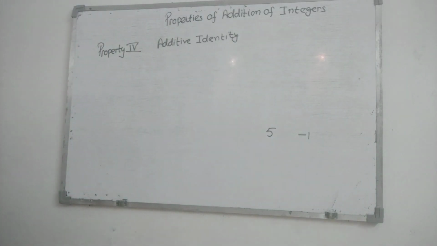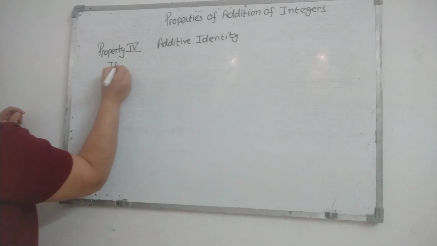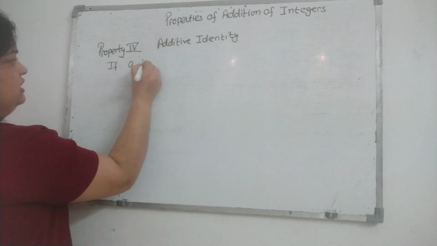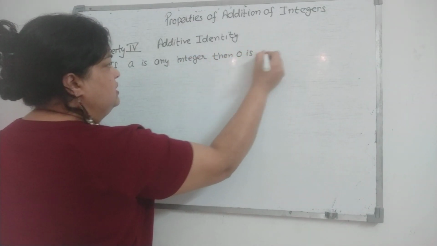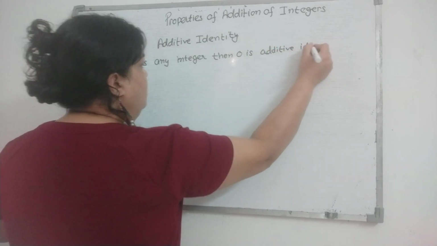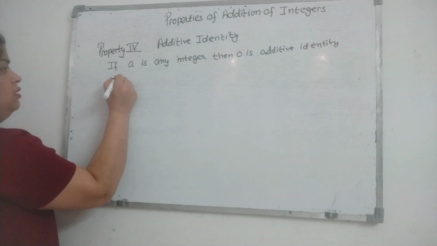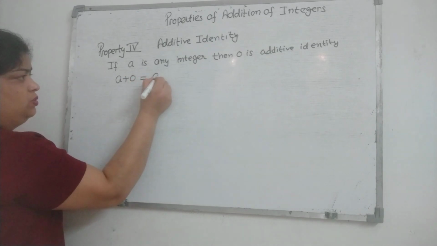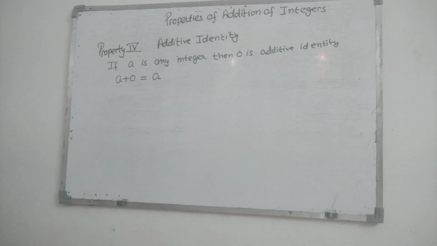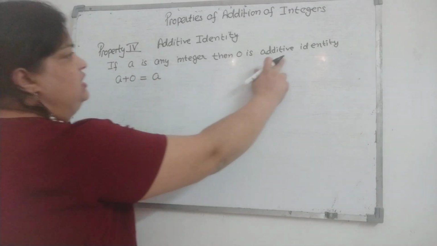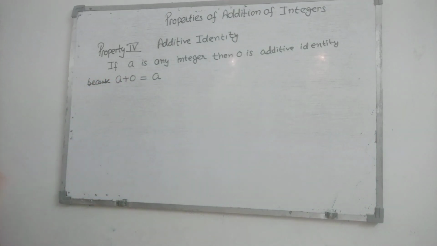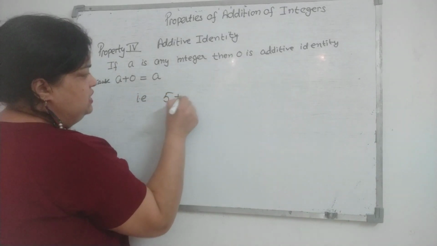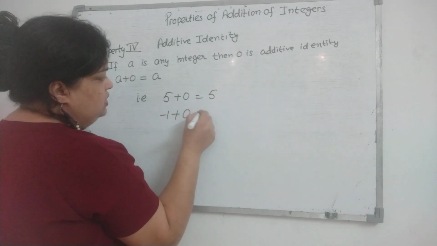So what will we write? If A is any integer, then 0 is the additive identity, because A plus 0 is equal to A. For example, 5 plus 0 is 5, minus 1 plus 0 is equal to minus 1.